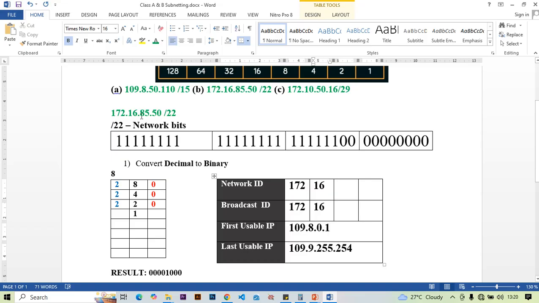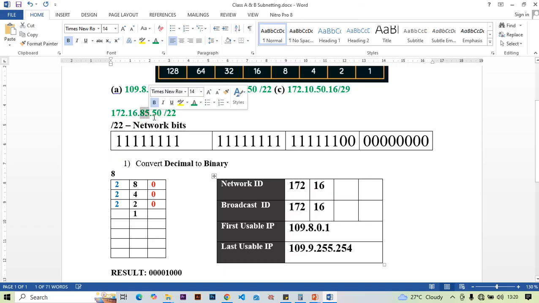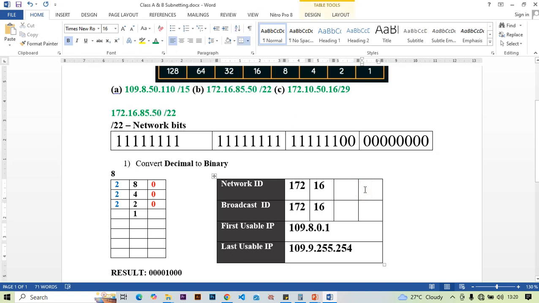What we don't know is this part here, but also this last one now here, what we shall only say is if the last one is turned all off, we shall have 0, and also if this one is turned on, we shall have 255. Therefore, what we're looking for is the value which is going to be here for the network ID and also which is going to be here for the broadcast ID. Let me also remove this from here.